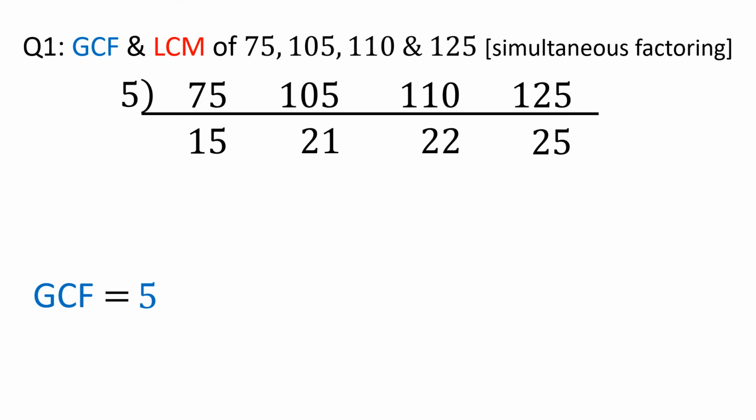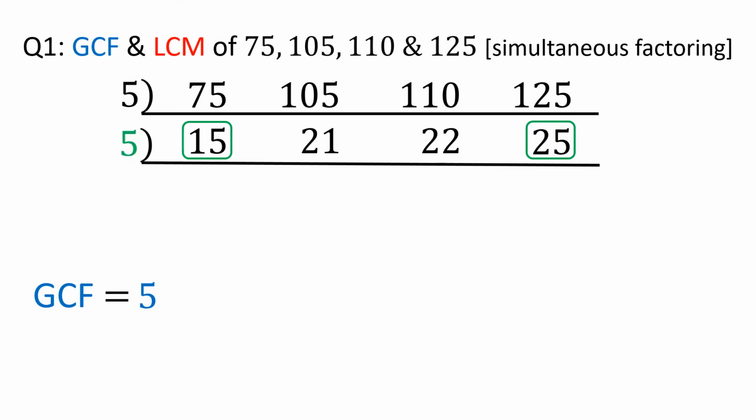If you take a look at 15 and 25, there's a common factor 5, so we can divide them by 5. 15 divided by 5 is 3. Nothing changed for 21 and nothing changed for 22. 25 divided by 5 is 5. Now we have 3, 21, 22, and 5.